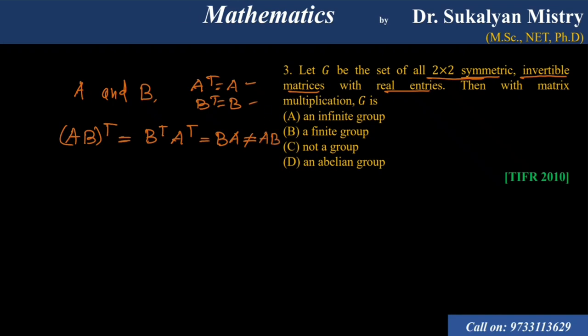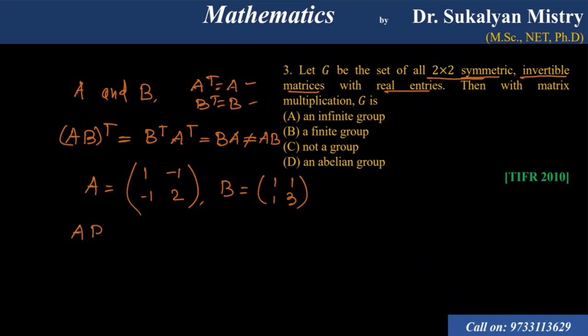For example, if we take A equal to 1 minus 1 minus 1 2, B equal to 1 1 1 3, this is symmetric.